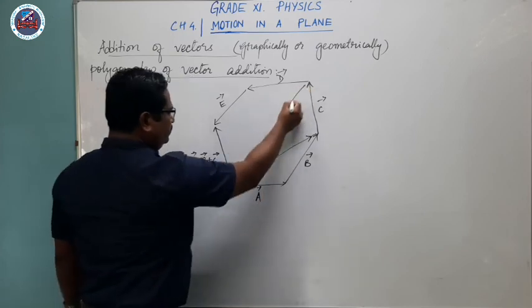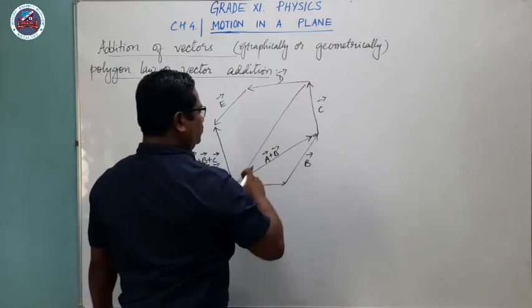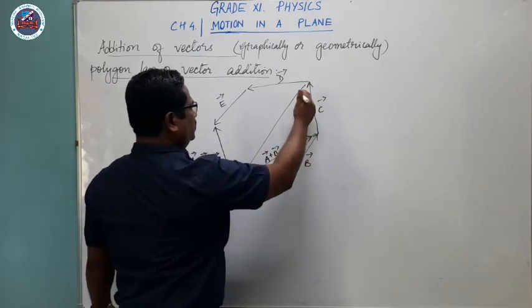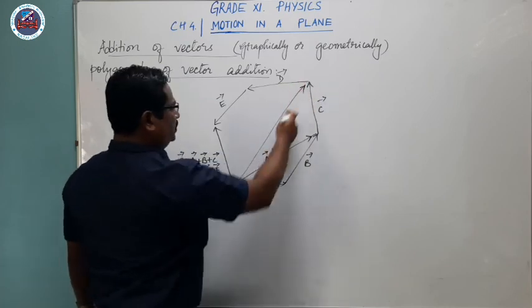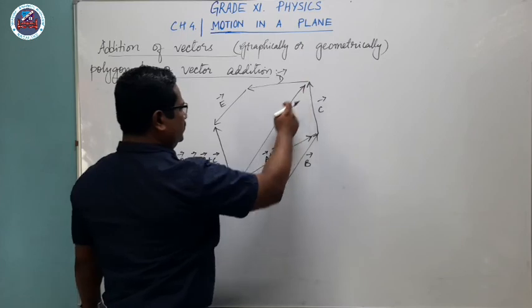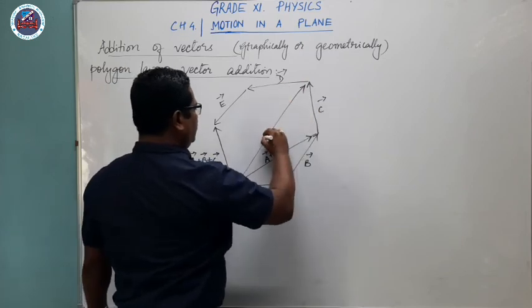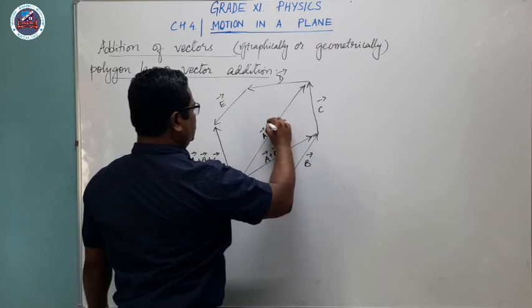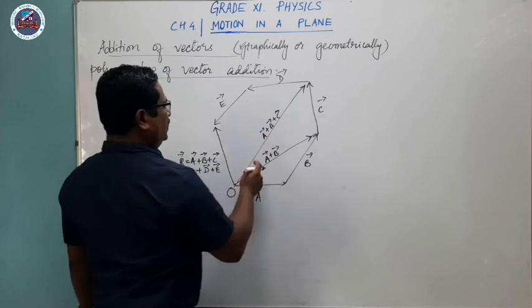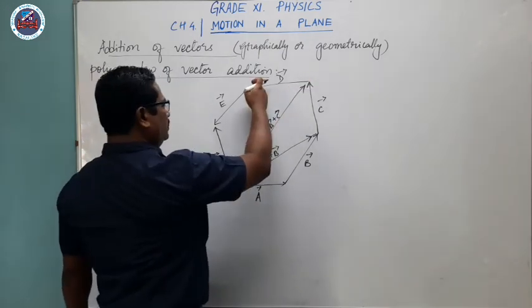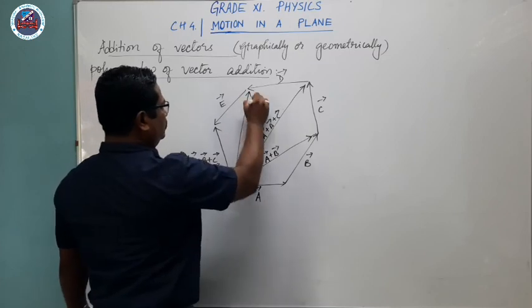Then here, if you join it, these two vectors are now in the same order. So the closing side, this side, will give us the resultant, starting from this starting point, that will be A plus B plus C. Then again these two are vectors in the same order, so the closing side will point this side.